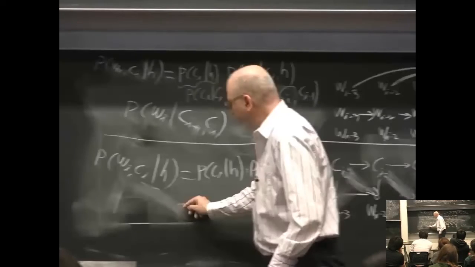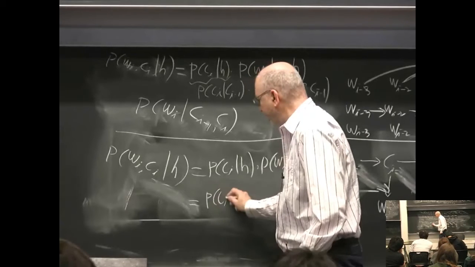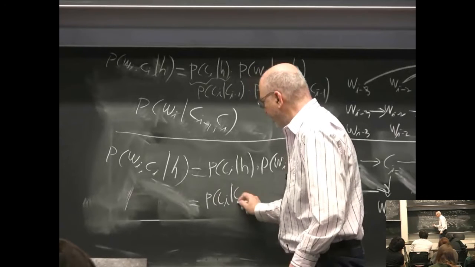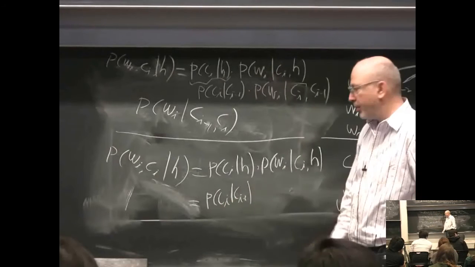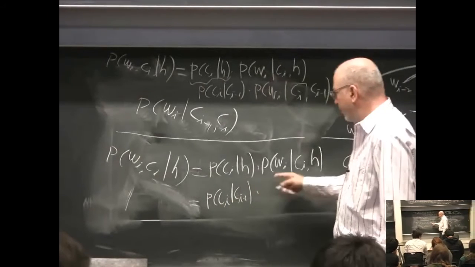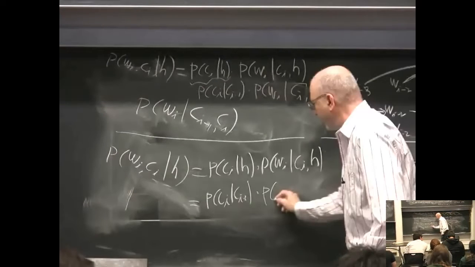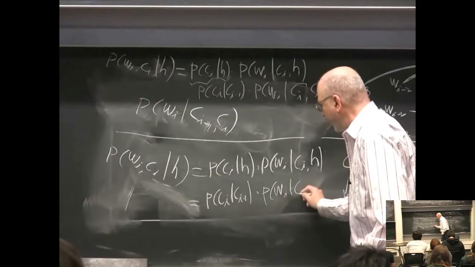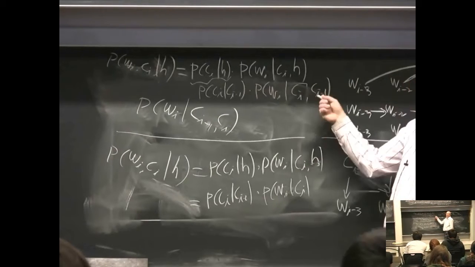But now it's going to be a little different. Ci given history is still the same. It's P of Ci given Ci minus 1. So we still make the bigram assumption on the classes. But here, not having the diagonal arrows means that this is simply P of Wi given Ci. I don't need the rest. Whereas here, I do need the rest.